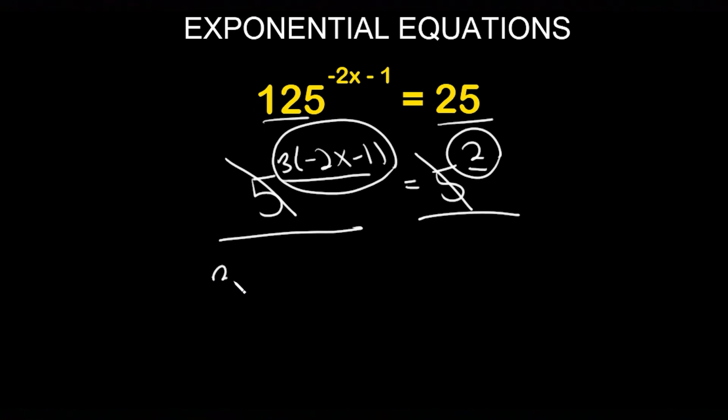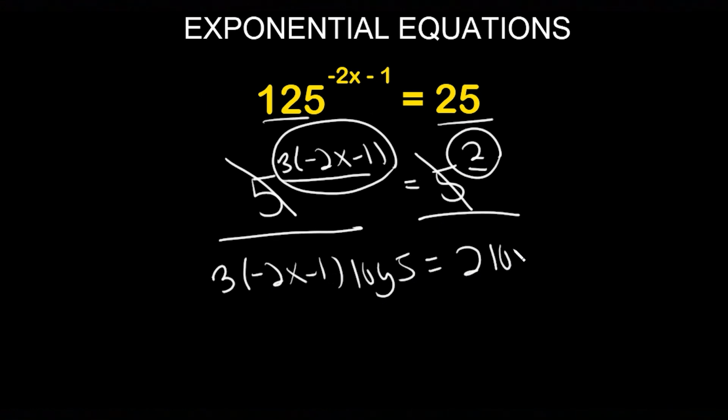I'll get 3, then times negative 2x minus 1, and then log 5, equal to, bring down the 2, and then I get log 5. So essentially what's going to happen here, you can see that I have log 5 here and log 5 here on both the left-hand side and the right-hand side of the equal sign. They will just naturally cancel out, and you're going to be left with what we have up here, this 3 times negative 2x minus 1 equal to 2.